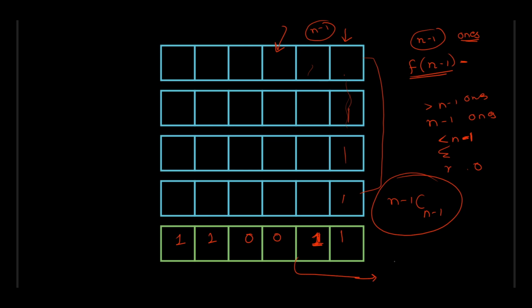This number can now be purely expressed as something like this: 2 to the power x into 1 plus 2 to the power y into 1 plus 2 to the power z into 1 plus 2 to the power p into 1, etc. And what do these x, y, z, and p, etc. represent?